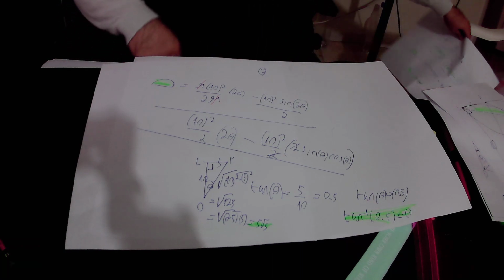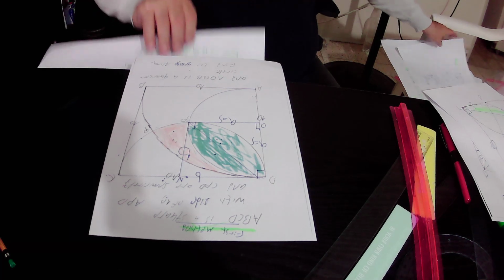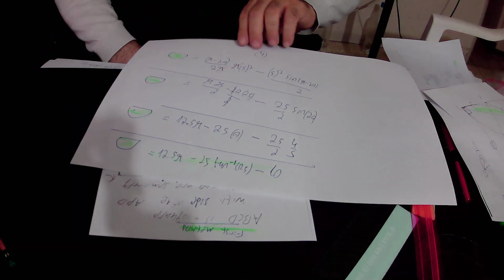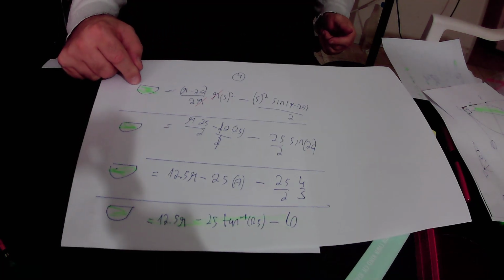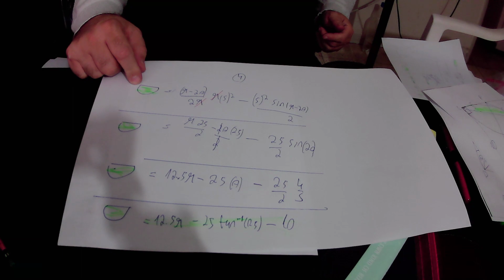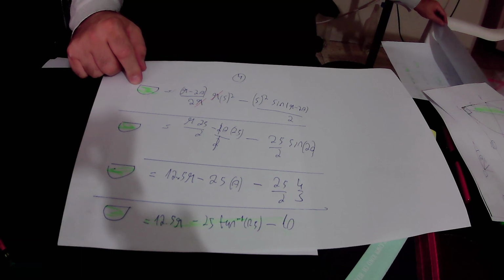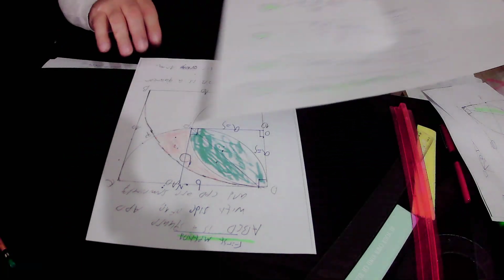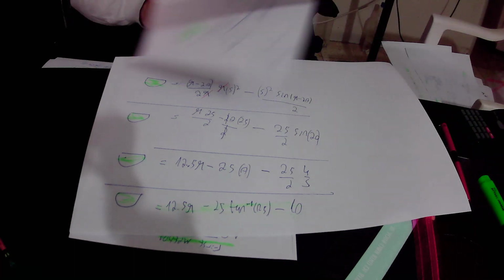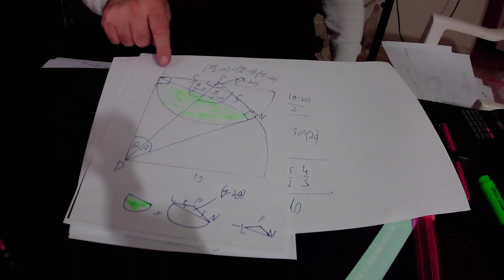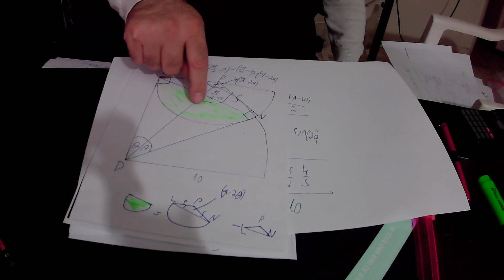Then we found the area of the lower circular segment of the big lens, here the area of the lower circular segment in the green color.